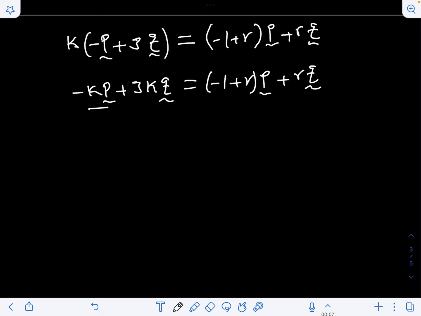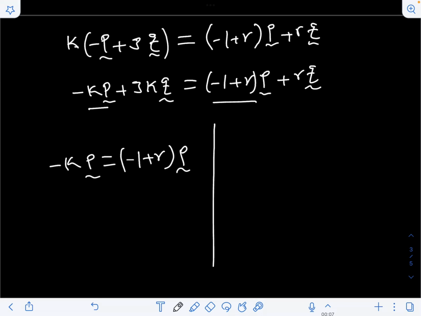Vector P should go with vector P, so negative K vector P should equal negative 1 plus R bracket vector P. The other side, vector Q should go with vector Q, so we have 3K vector Q equal to R vector Q.